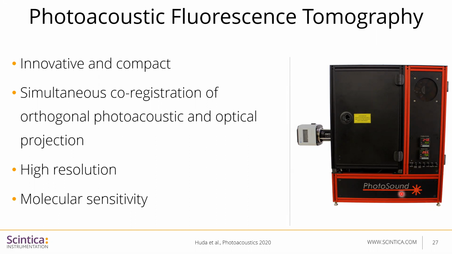The water module here circulates conditioned, filtered and degassed deionized water around the mouse to facilitate the photoacoustic imaging. The water filtering and circulation components are located below the imaging module. And this part here is the imaging module. We will be discussing more about it in the next slide.